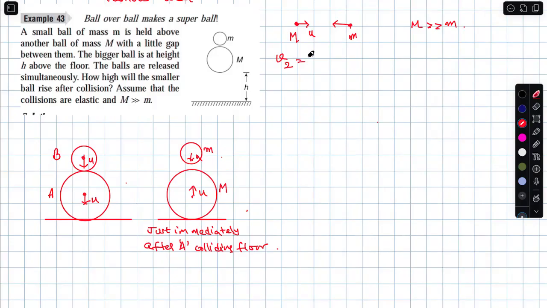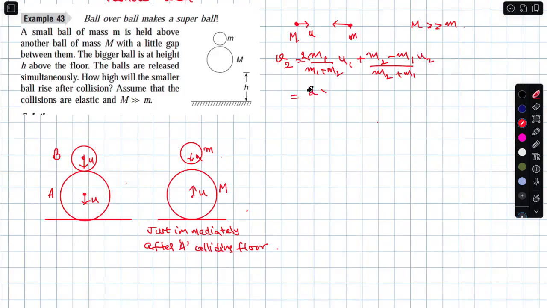Velocity of the second body is 2m1 by (m1 plus m2) times u1 plus (m2 minus m1) by (m2 plus m1) times u2.